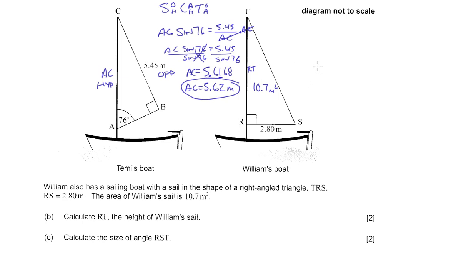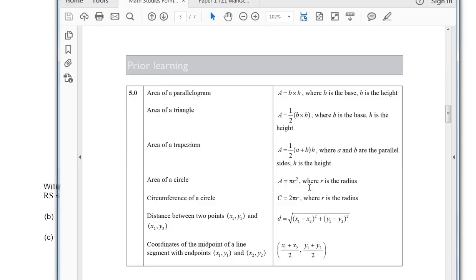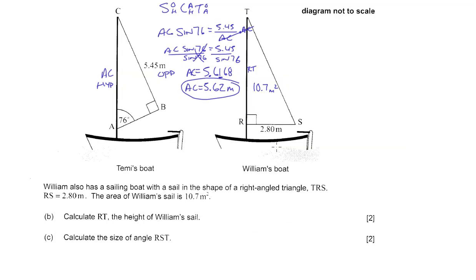Okay, so what we want to do here is use the plain old area formula of a triangle, and that is actually on your formulas page. So let's look that up here, and that's the prior learning, and it's area of a triangle. Area equals 1/2 base times height. So let's use that formula there.